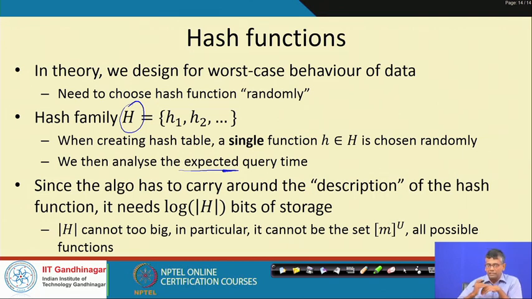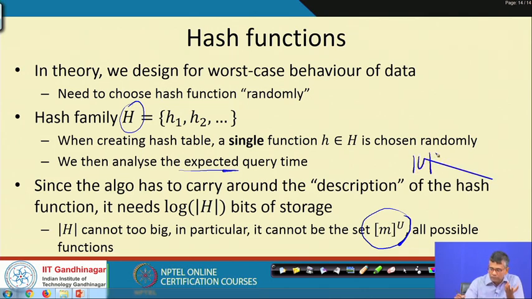If H is the set of all hash functions that map u to the set m, then log of the cardinality of H is large. It is basically cardinality of u times log of m, which is fairly large, and we do not want to do that.